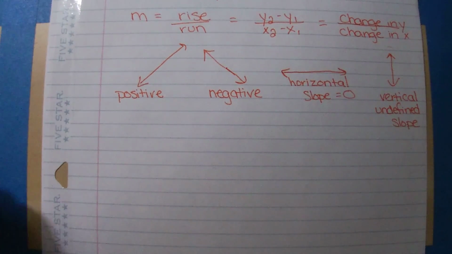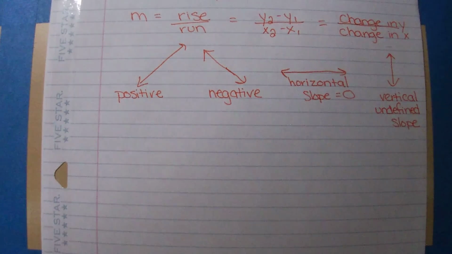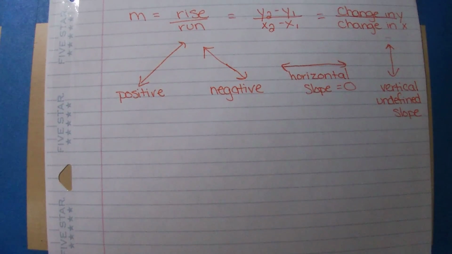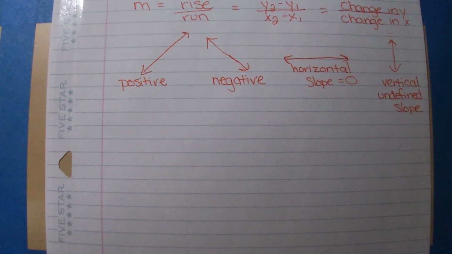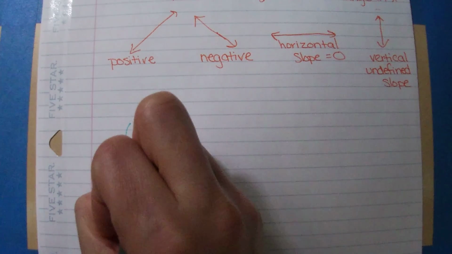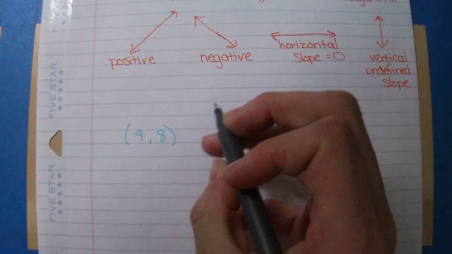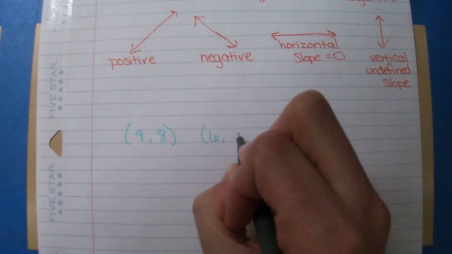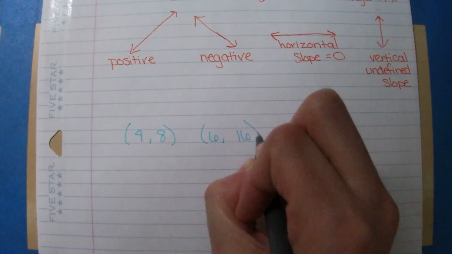Another way that we might be asked to find slope is if we are given 2 points. So maybe we are asked to find the slope between 2 points. What happens if we are given the points (4, 8) and (6, 16)?